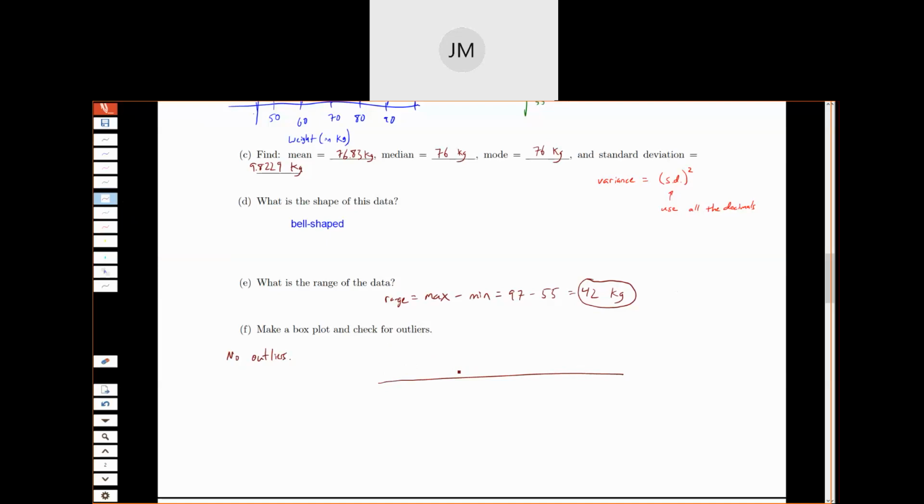Right, and we can draw our box plot. My minimum value is 55, my max is 97. Here, let me show you another way to do this. A way to think about your box plot is to think about a number line already labeled.